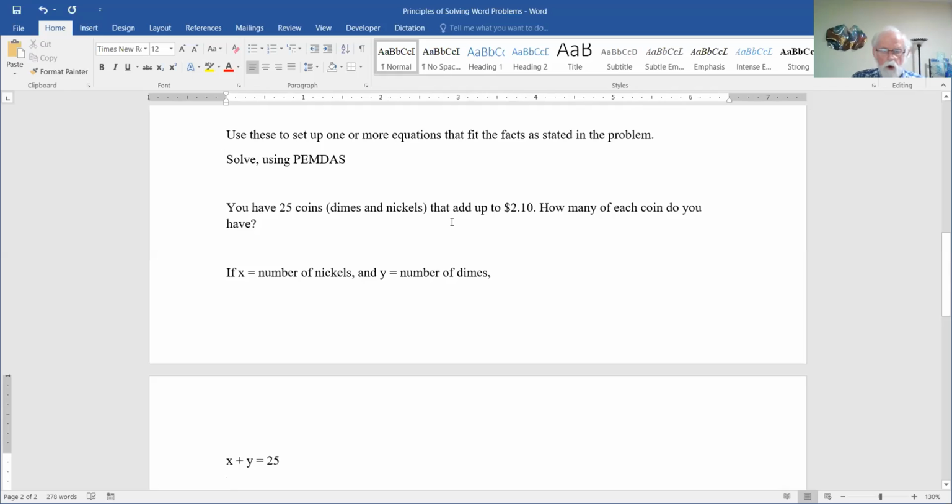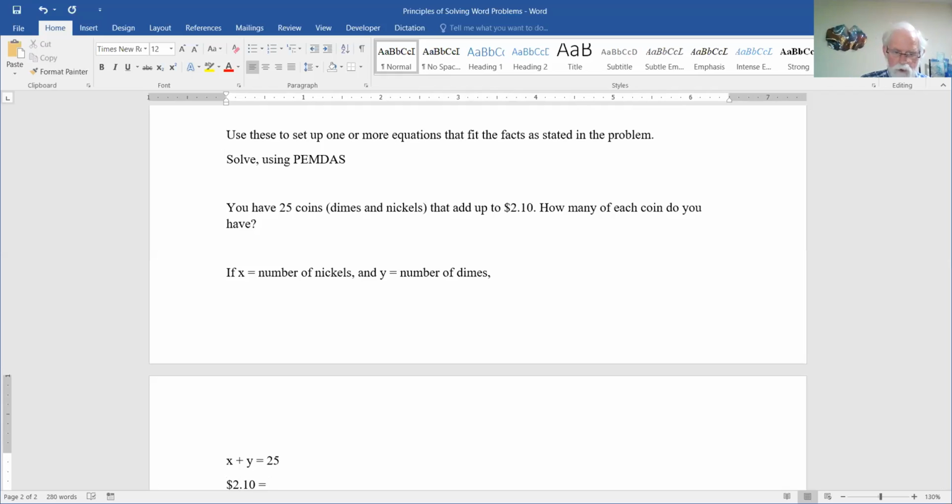Now, we know another thing. The total is $2.10. So $2.10 equals the number of nickels times the value of a nickel, plus the number of dimes times the value of a dime.